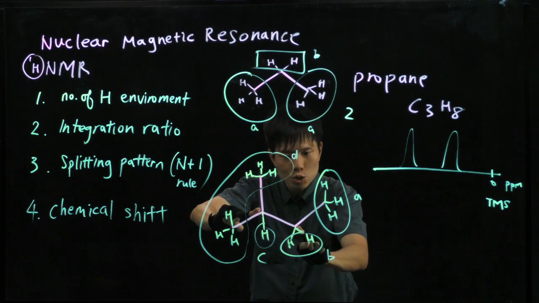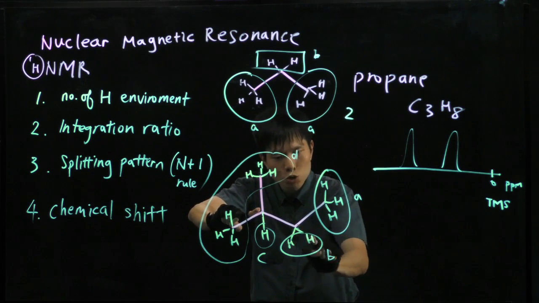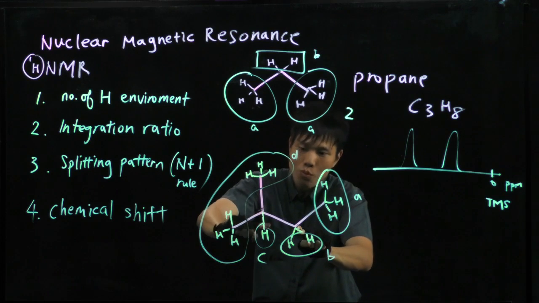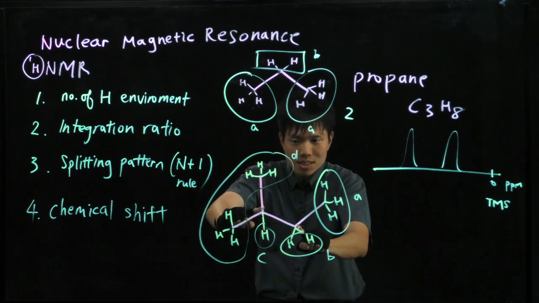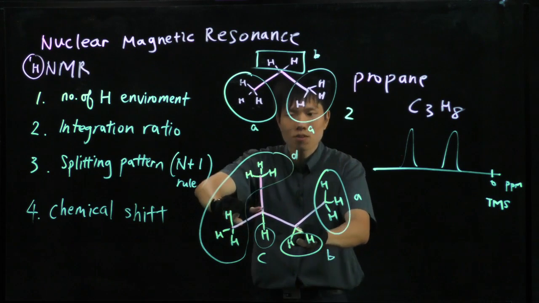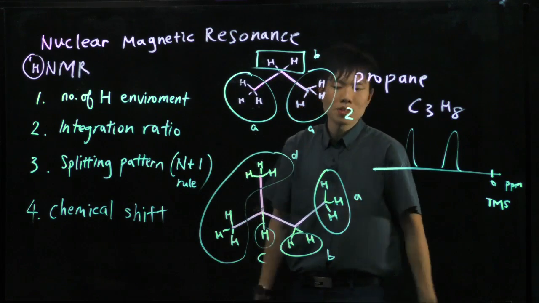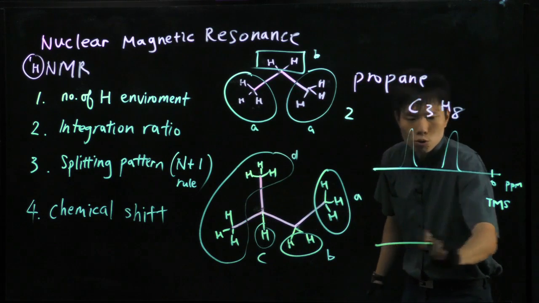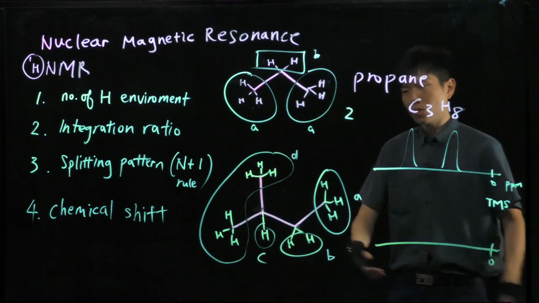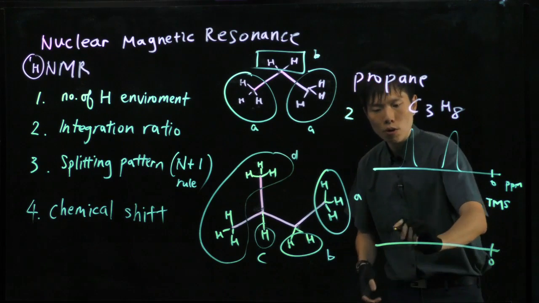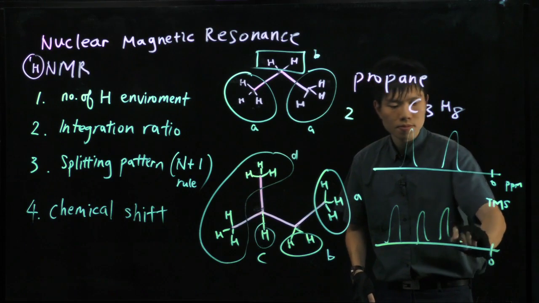This carbon connects to a carbon with 2 hydrogens, whereas my left finger says it is a carbon connected to 2 hydrogens and 1 hydrogen. So that means my 2 fingers are of different environment, which leads back to them being of different environment. So if you look at the NMR spectrum for this molecule here, it will show you how many signals? 4. A, B, C, and D. So 4 signals separated.